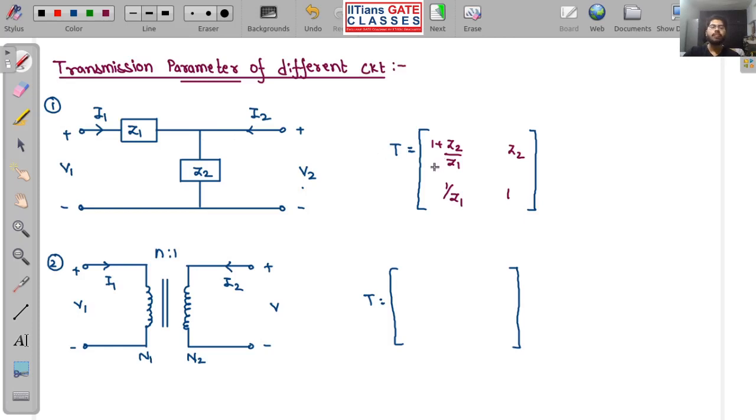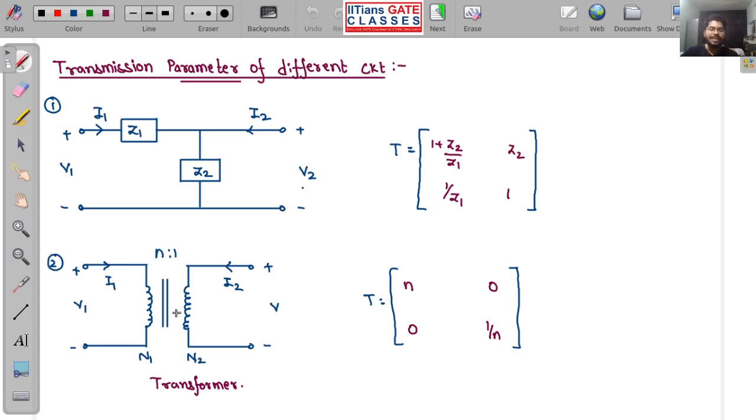And if I calculate the transmission matrix of my transformer, this too I am leaving as homework for you. Directly I am writing the result: it will be n, 0, 0, 1 by n. So the T matrix or ABCD parameter for this transformer is this.